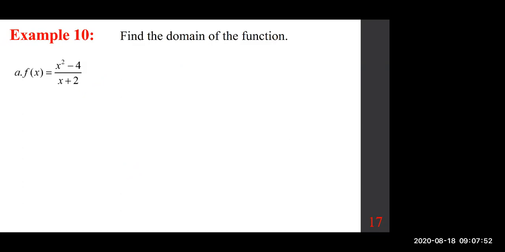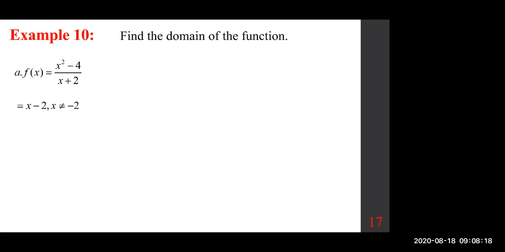Find the domain of the function. If you recall, when we deal with rational functions, the domain is simply put everything that is acceptable, meaning you set the denominator equal to 0, you exclude that. Whatever makes the denominator 0 is out. So in this case, negative 2 makes the denominator 0, so that is out.